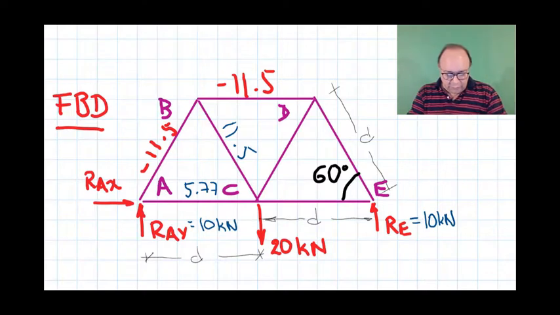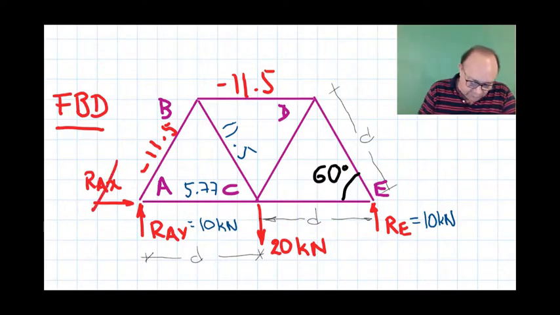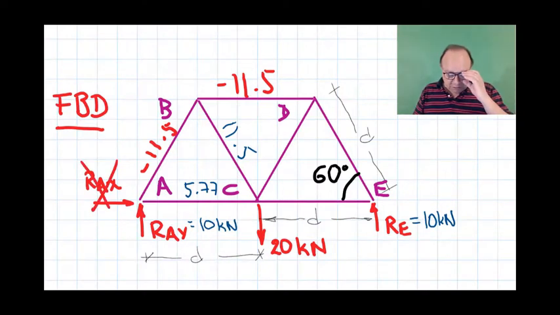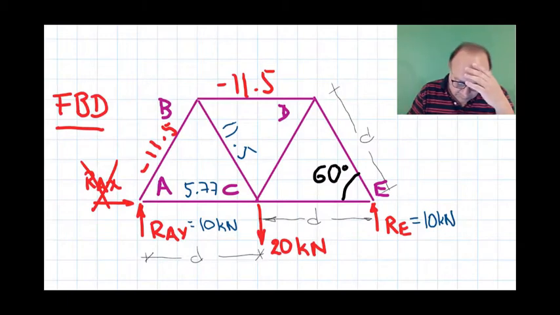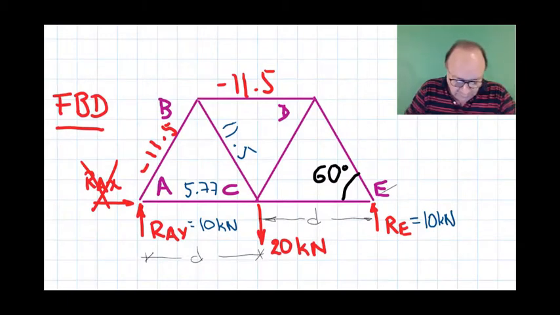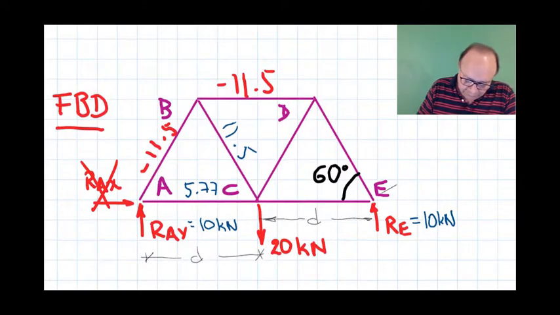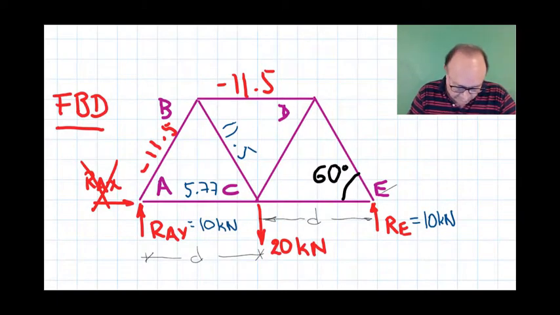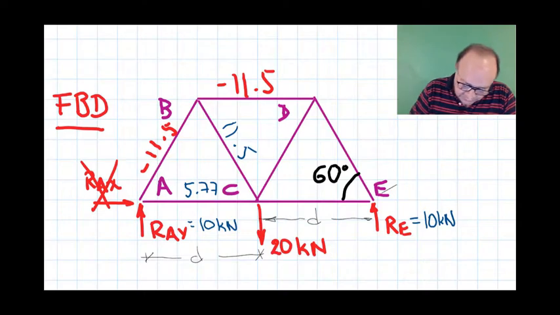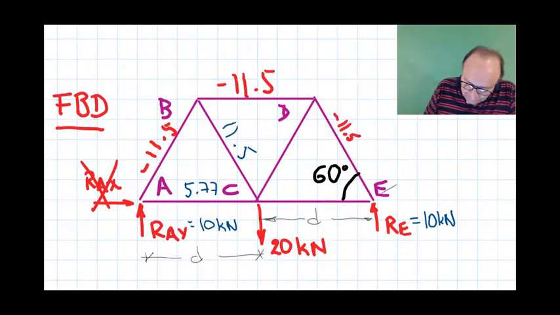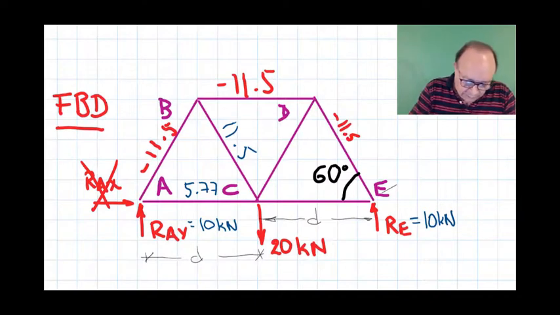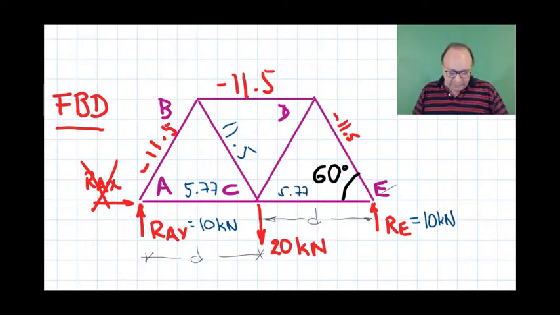So let's take a look. This structure is completely symmetrical because this force doesn't exist. So since this is completely symmetrical, we can finish with all the other values. 11.5, and remember AB is telling us that DE is also 11.5, and AC 577, that will be here also 577.